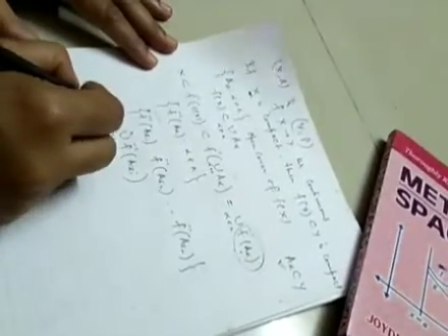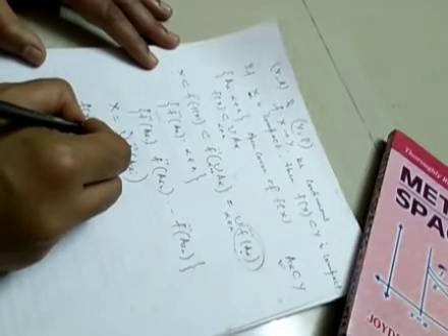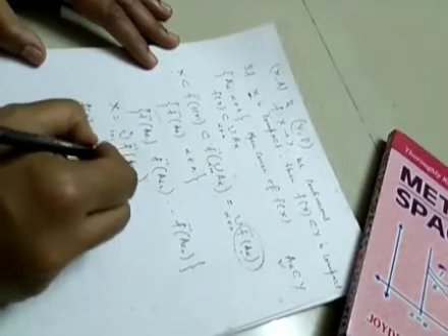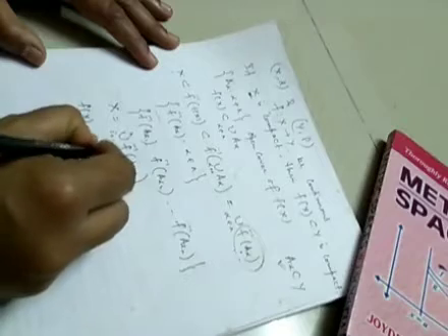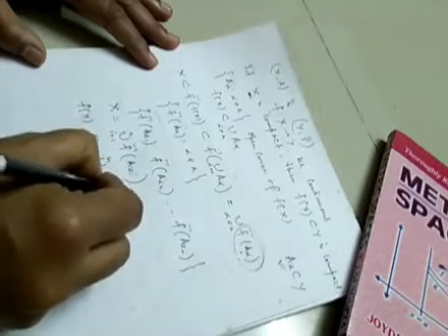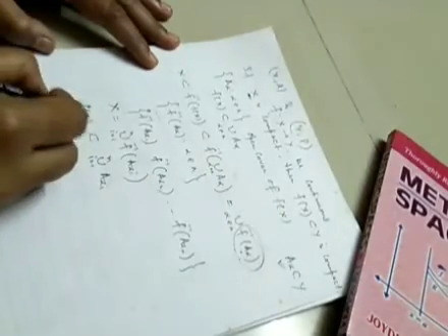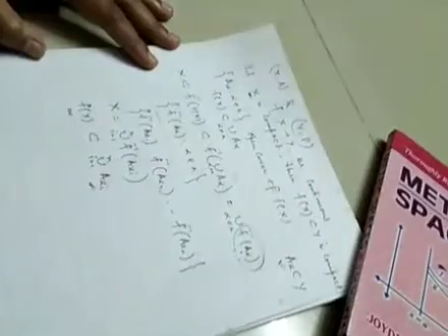So f(X) is a subset of the union over i from 1 to n of A alpha i. That means f(X) can be covered by a finite number of elements, so f(X) is compact. So the continuous image of a compact metric space is compact.